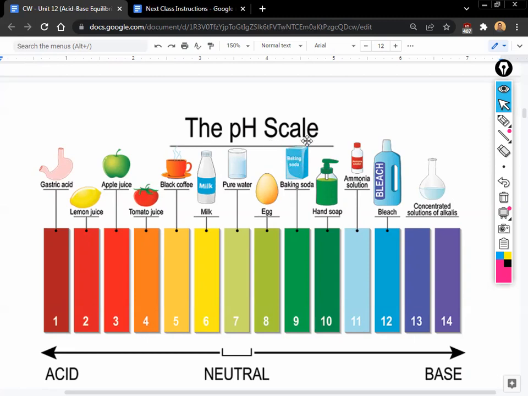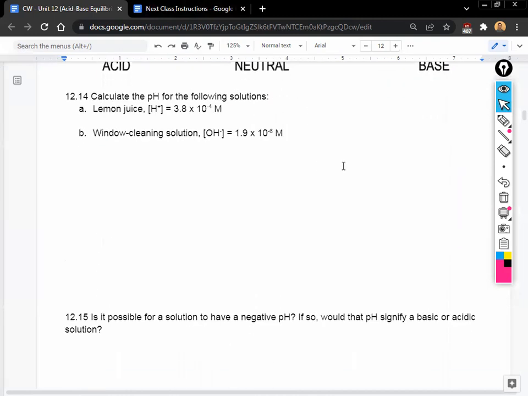Anyone want to explain why baking soda would help relieve heartburn if you have too much stomach acid? Yeah, they're gonna neutralize each other, right? The baking soda is gonna react with the acid in your stomach, and then it'll meet somewhere in the middle. So it'll make the pH closer to neutral.